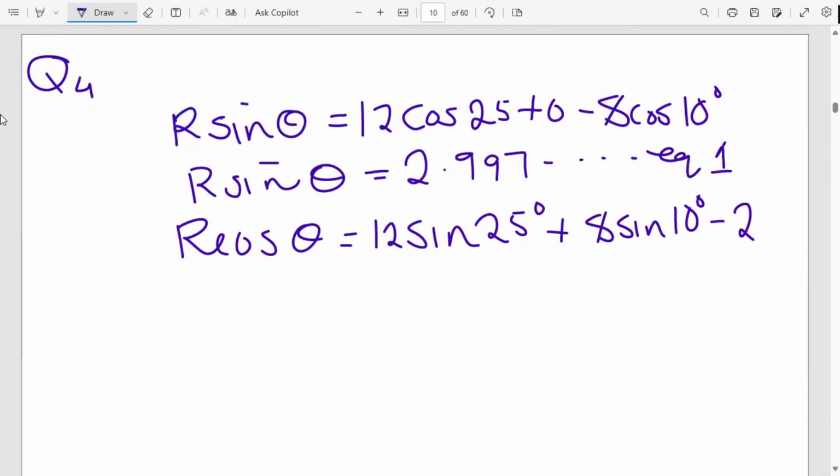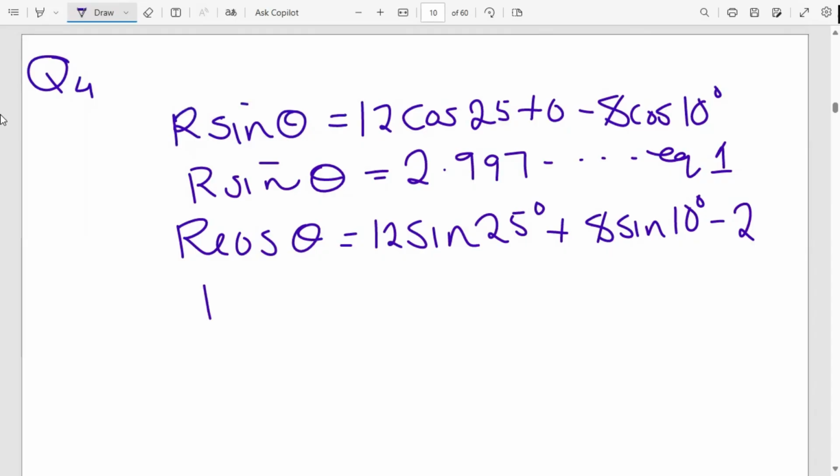Then in the y-axis, I'll have 12 sine 25 degrees plus 8 sine 10 minus 2.